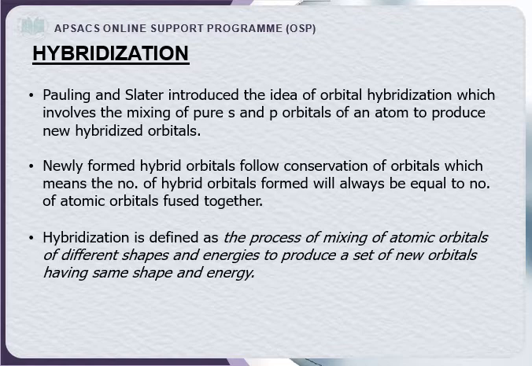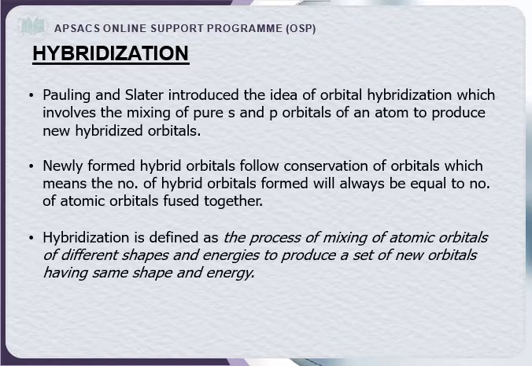So this is what we call hybridization: mixing of orbitals or intermingling of the atomic orbitals of different shape and different energy to produce new orbitals of the same energy and same shape. This is what we call hybridization, right?